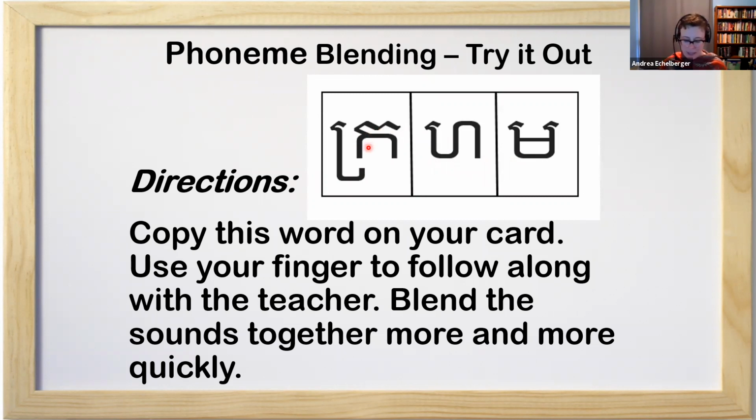If you're in person, index cards with the words written on them work really well, and you can have people move their finger as they say the different sounds. So let's try this together, and I'll use my laser pointer. If you want, you can even put your finger up towards the screen and follow along.